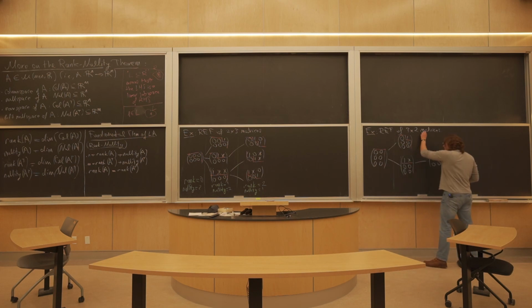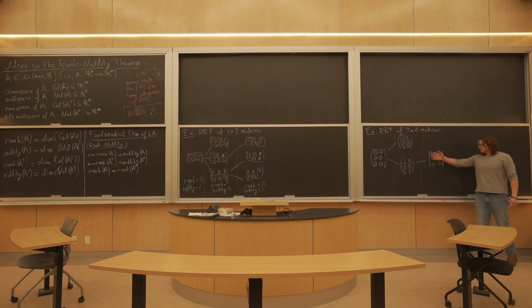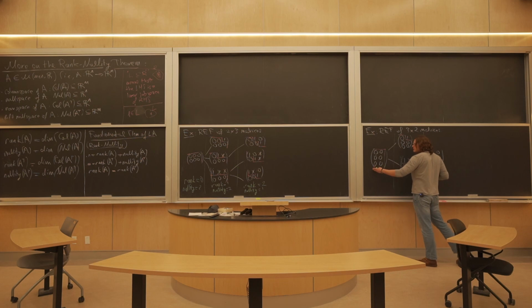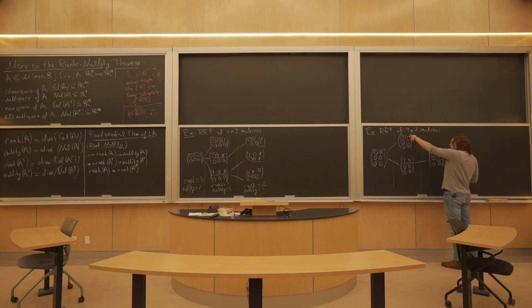Now note again that this decision tree, if you want, is separated into ranks. Number of pivot columns is 0. Okay, I don't have any pivots. Pivot columns is 1, 1, and here I have 2 pivot columns. So rank is 0, 1, 2.